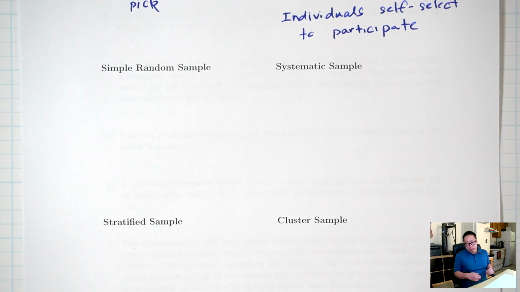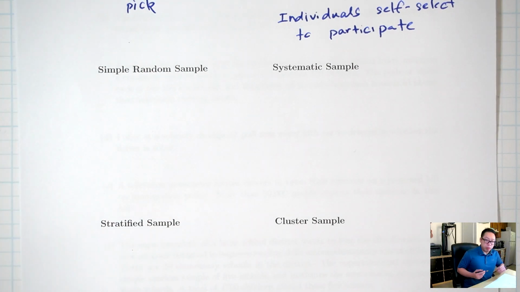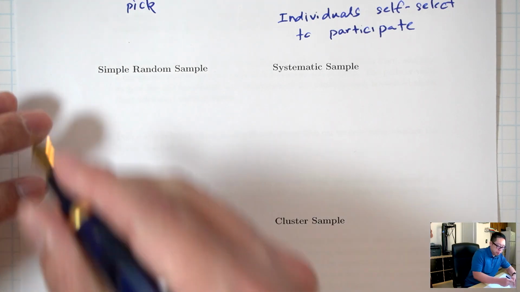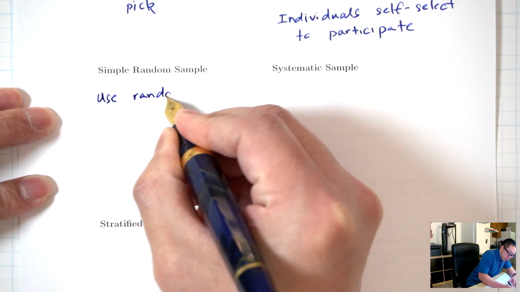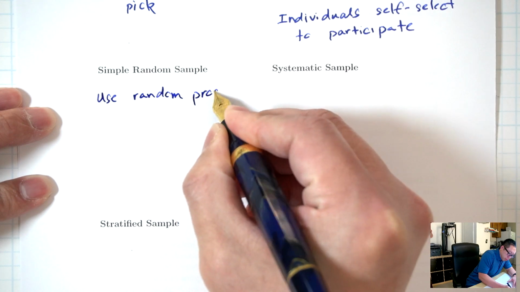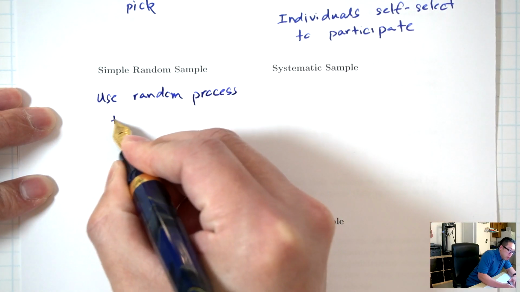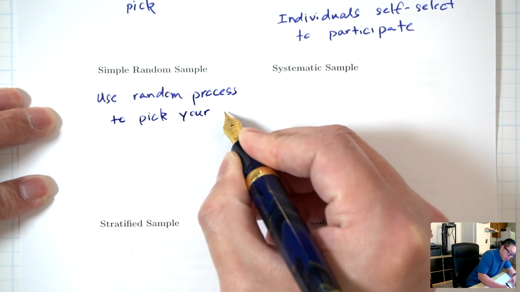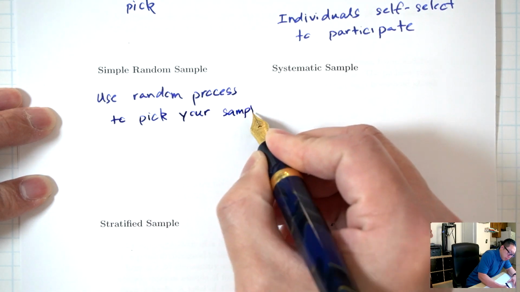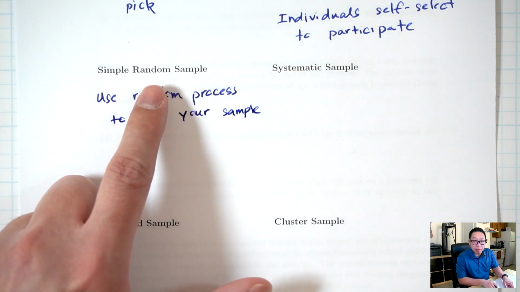The first one here, simple random sample. You're going to use some random process to pick your sample. Okay, so that's the random part of the name.